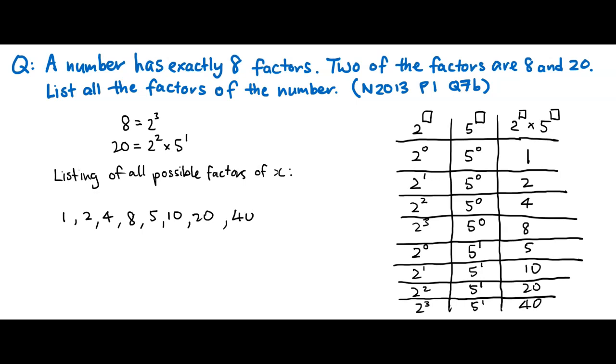Clearly, since the largest factor we have over here is 40, x is actually 40. Now I'm going to just rearrange this, and it becomes 1, 2, 4, 5, 8, 10, 20, and 40, and that is my answer.